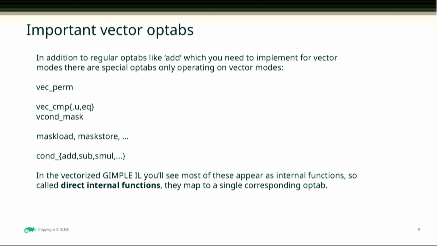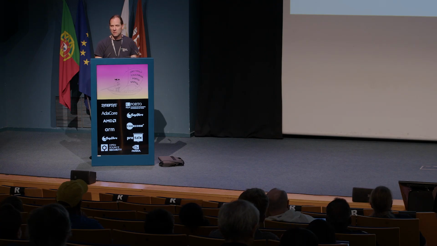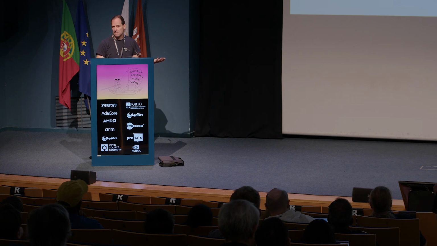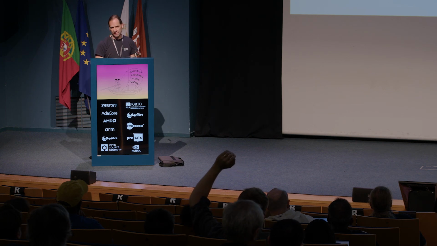There are variants of the standard arithmetic patterns with cond added in front, which means that those are the masked operations. Like when you have floating point, you can have traps on some lanes. So if you have those executed conditionally in the scalar loop, the vector loop will have them masked if the target supports it.